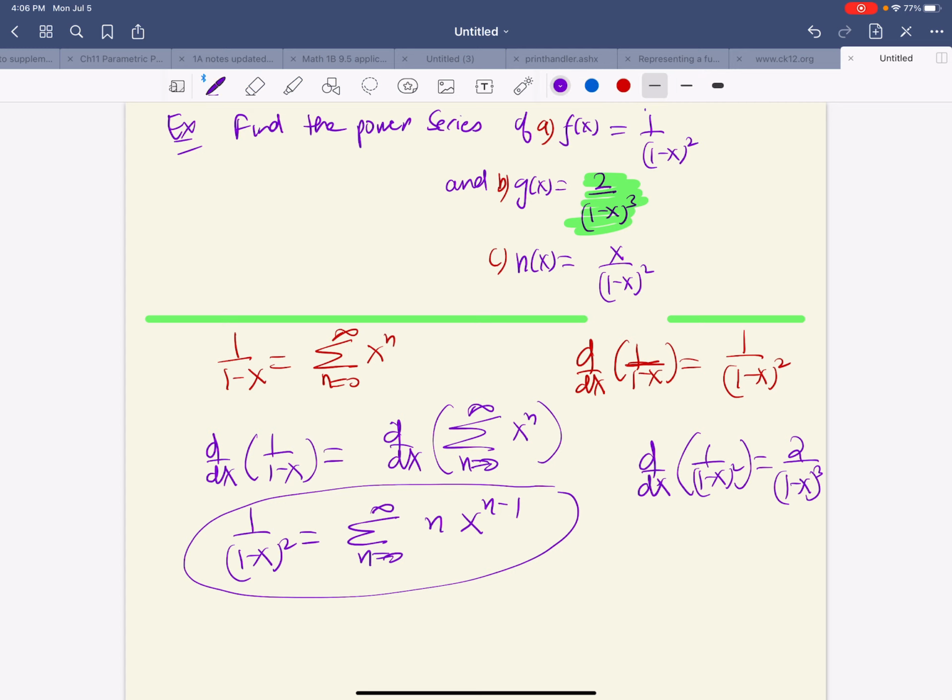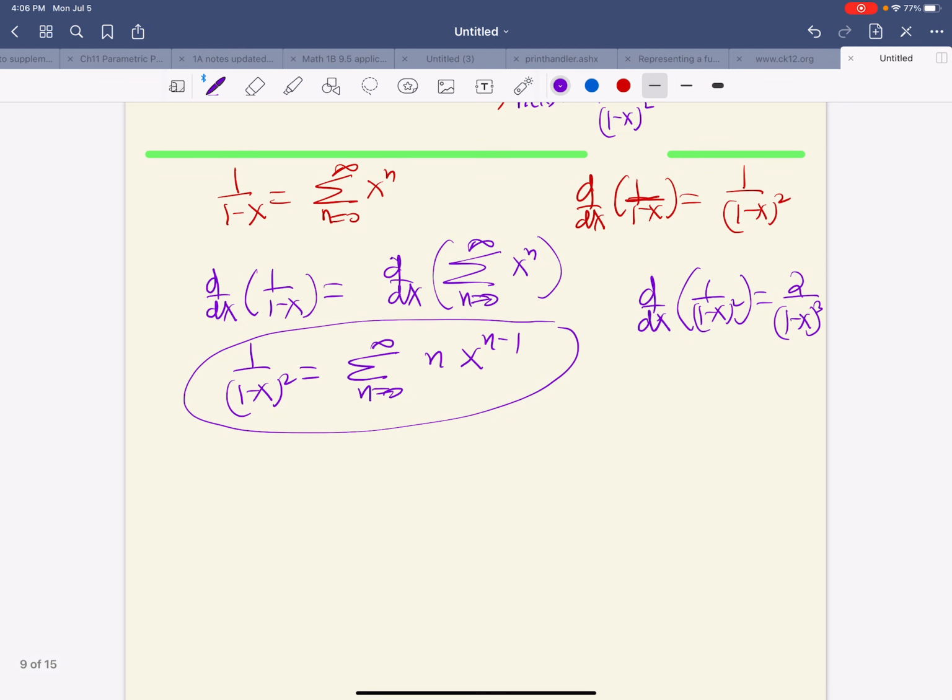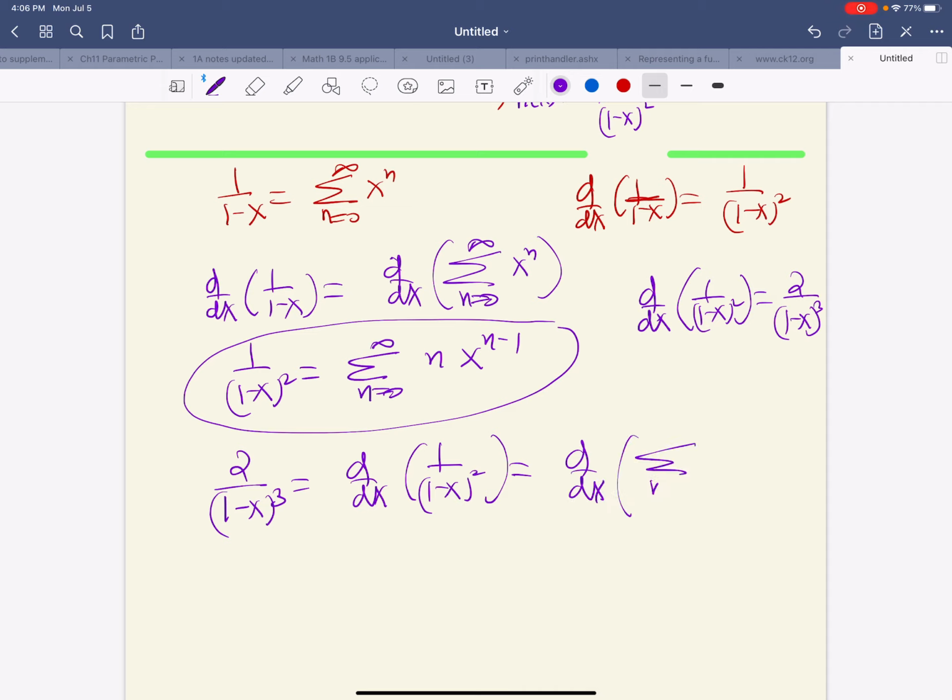So that means if I do the derivative one more time, 2 over (1 minus x) to the third can be written as the derivative of 1 over (1 minus x) squared, and I can take the derivative of the power series on the right hand side. One little change over here: when we do the derivative, it's going to be n equals 1 to infinity, because the first term is going to be 0 when I plug in n as 0, so that doesn't need to be written.